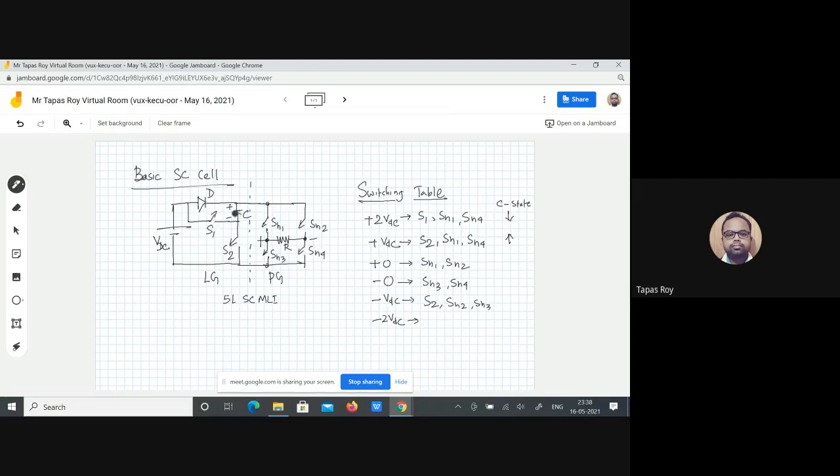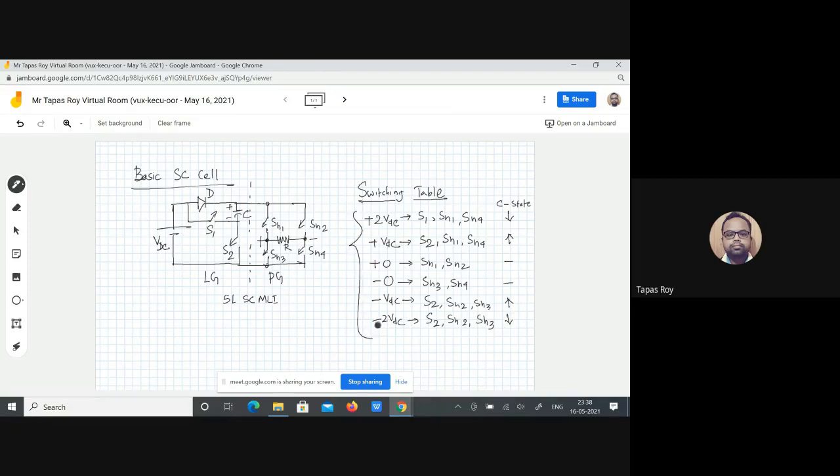So it is just a floating state, and we can represent it like this. Similarly, in this state the capacitor enters the charging state because S2 is turned on and the negative voltage level is realized. Minus 2 VDC can be realized when S1 is turned on. So like this it is connected in series, and SH2 and SH3 are connected, and the capacitor will get discharged.